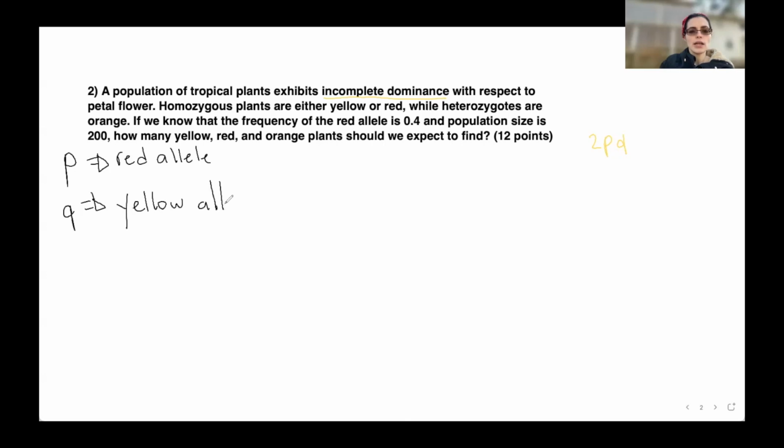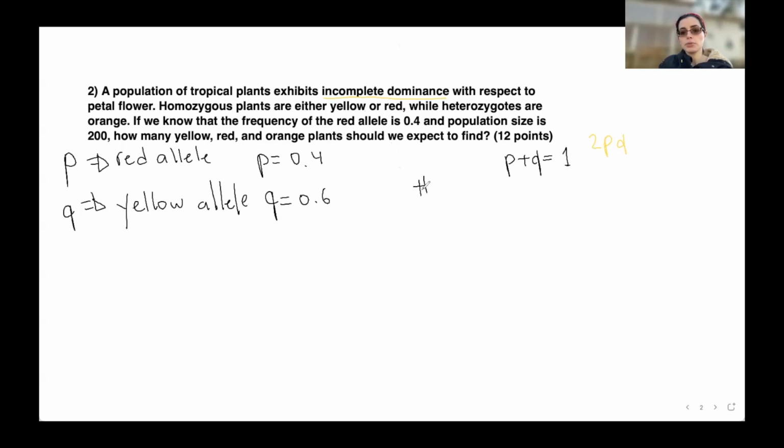So now what are we given? We're given that the frequency of the red allele is 0.4, meaning that p is 0.4. Well, q has to be 0.6 because p plus q is 1. So now we need to find the actual numbers of yellow, red, and orange plants.